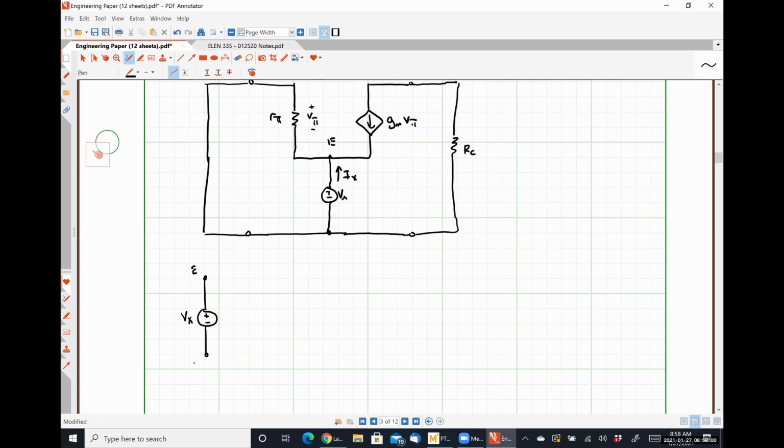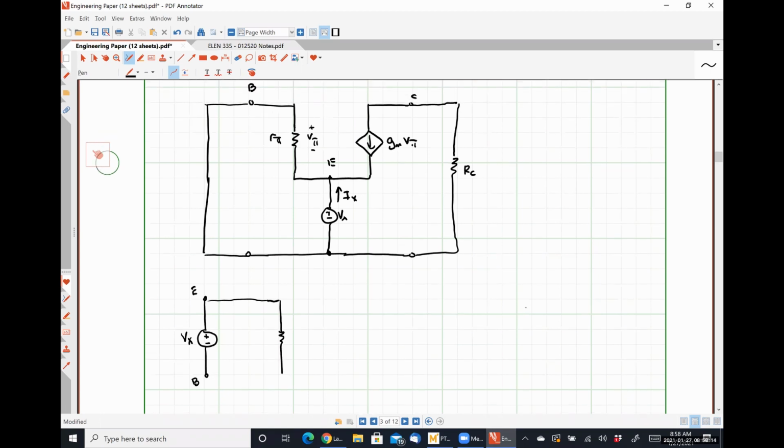Down here is my base. Between my emitter and my base, I have that resistance r pi, where the positive polarity terminal of v pi is on the base side and the negative polarity terminal is on the emitter side.